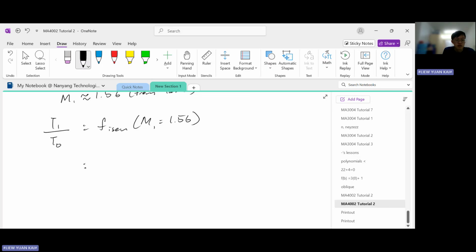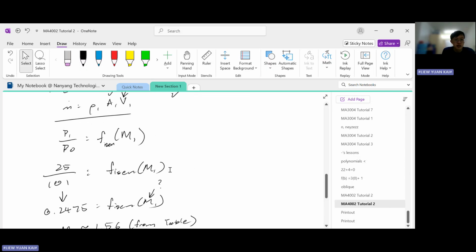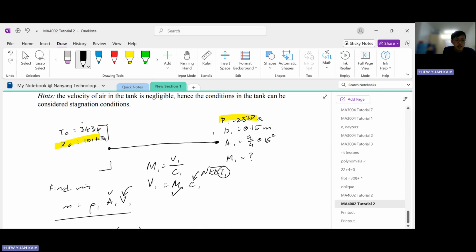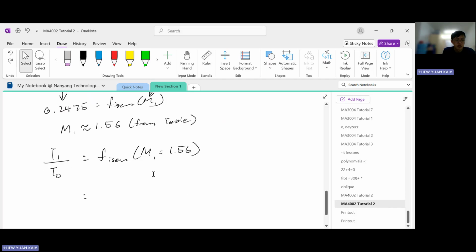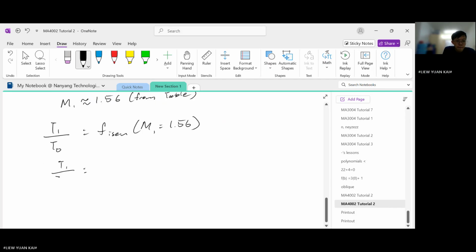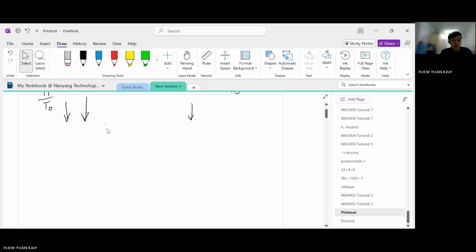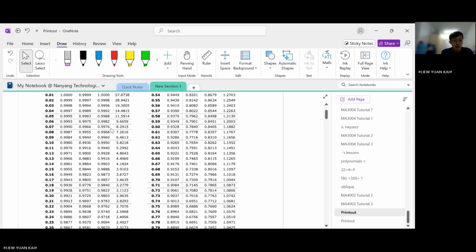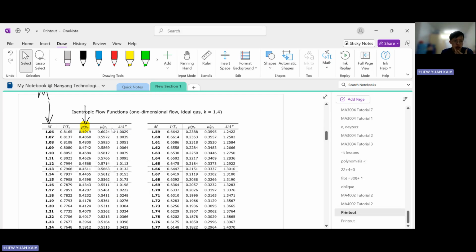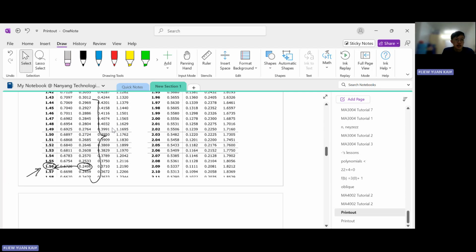Okay, so now let's substitute what we know. We know the stagnation temperature, and then we can get this ratio from the tables. So let's go to the isentropic table and go down to the row where the Mach number is 1.56.